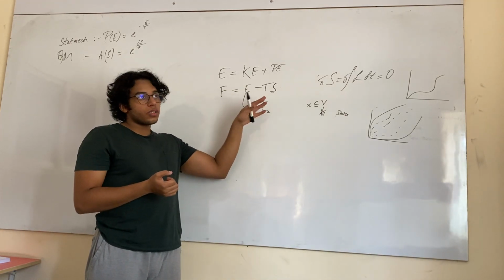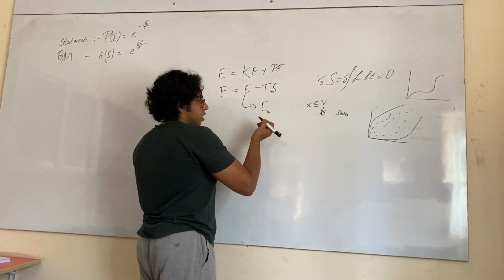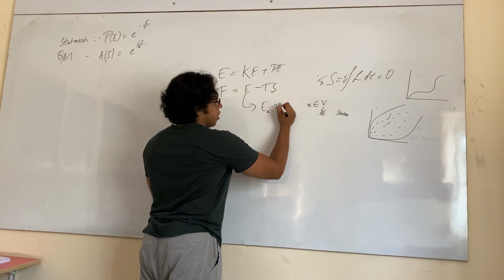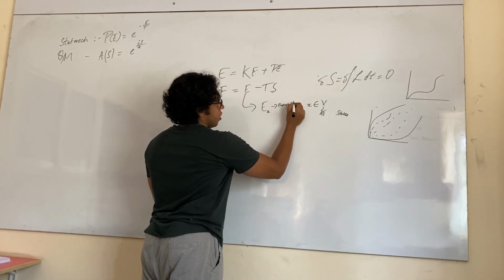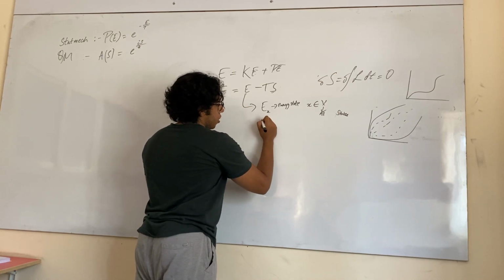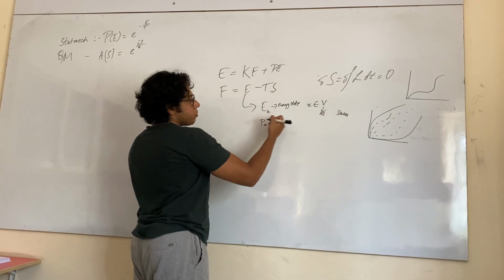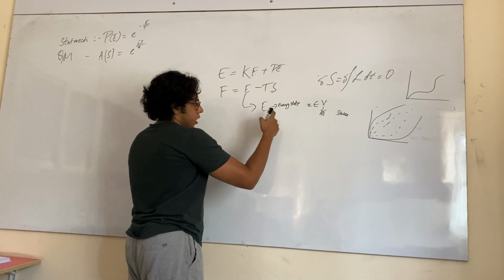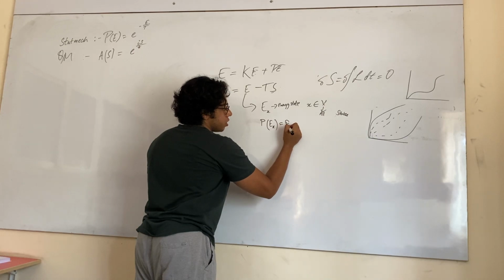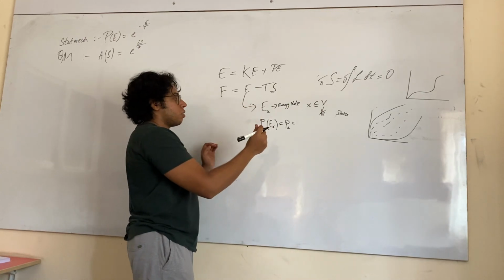Each individual energy state is represented by x, and the probability of getting a state with energy Ex is simply written as P of Ex, or Px.